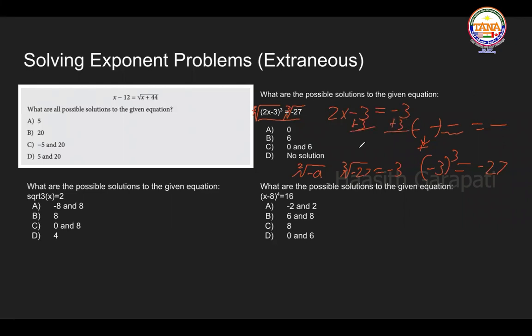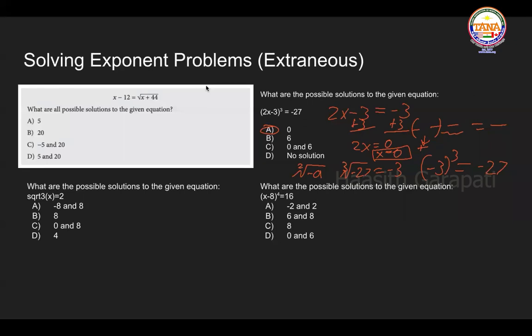Plus 3 plus 3, 2x is equal to 0, and then you get x is equal to 0. So the correct answer should be A, but just in case, let's check out the other options. If we do A is equal to 0, we can plug it directly into the original equation and we'll see that it works out.